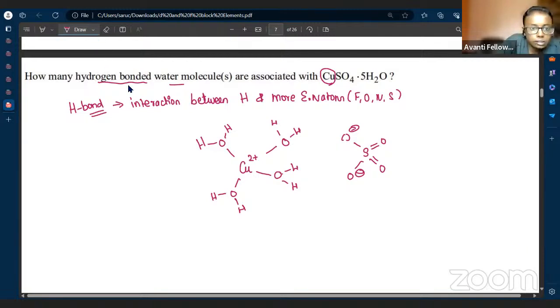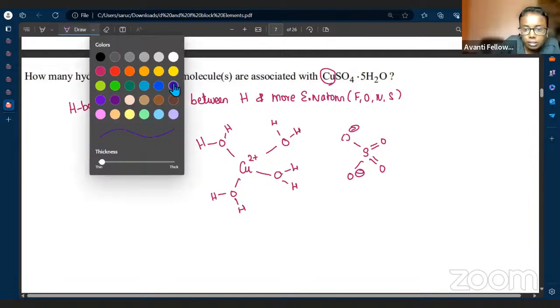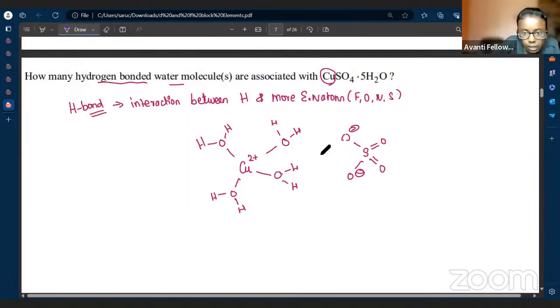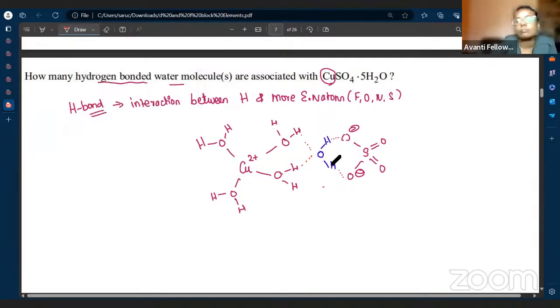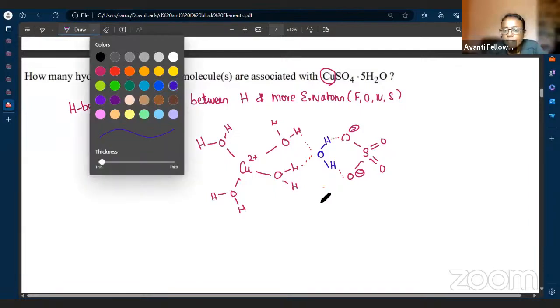So O, hydrogen, hydrogen. Now can you tell me how many water molecules can form the hydrogen bond? Hydrogen can form a hydrogen bond with oxygen, and this hydrogen can form a hydrogen bond with oxygen. So what is the number of water molecules involved in the hydrogen bonding? It is 1.